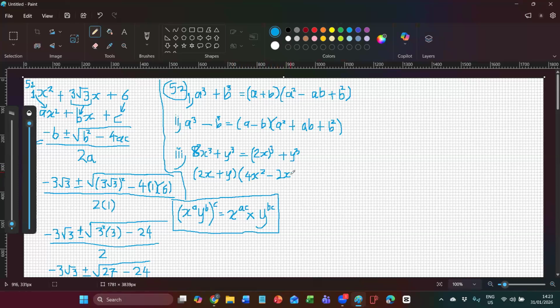Just multiply the A and the B together. And then plus B squared. In this case, that's y squared. Okay, so I think this is it.